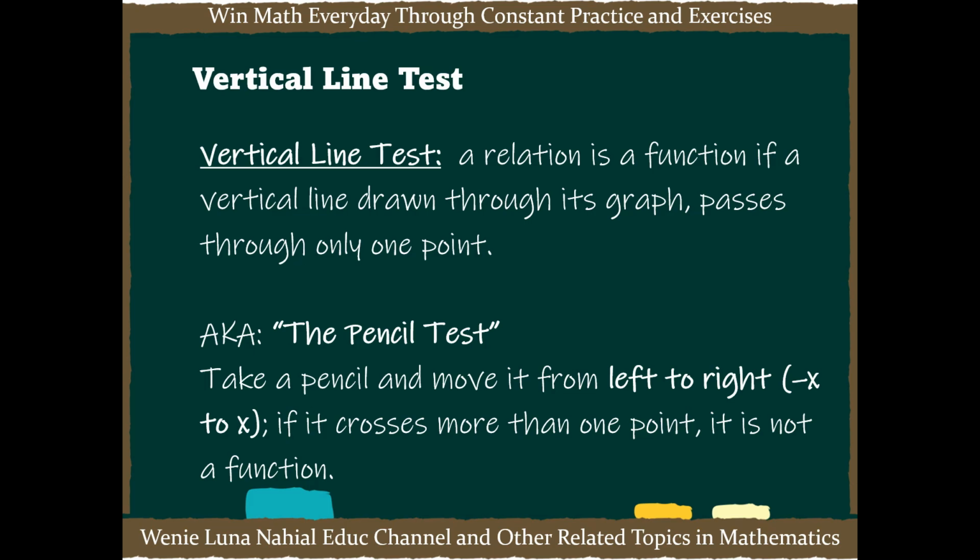Now, what is this vertical line test? Vertical line test, it is a test that is used to determine if a relation is a function. By this vertical line, we can determine if a relation is a function if this vertical line passes through only one point.